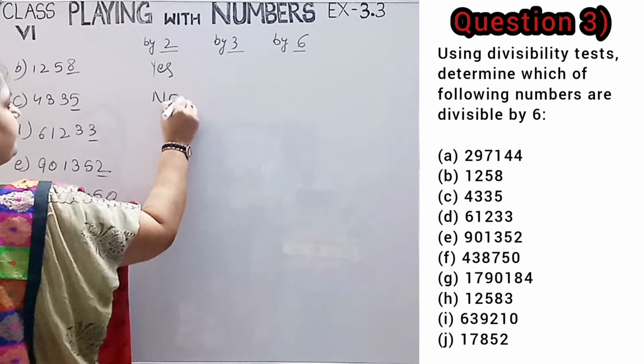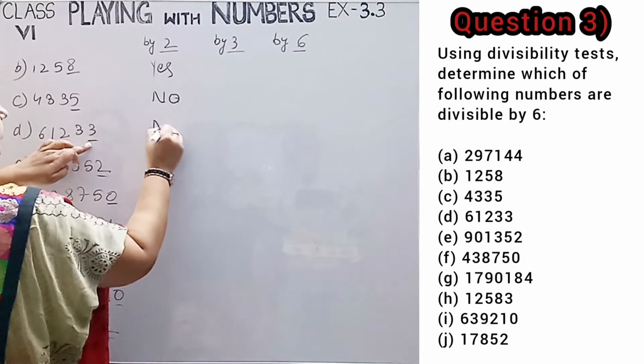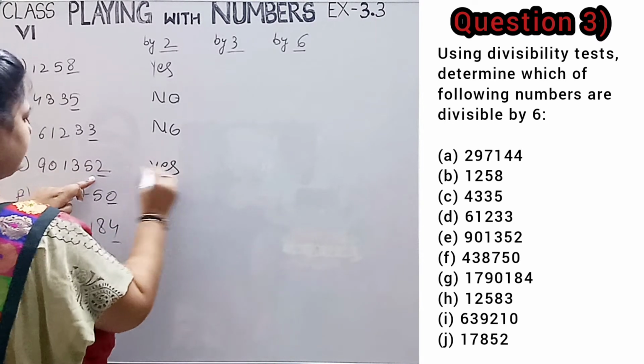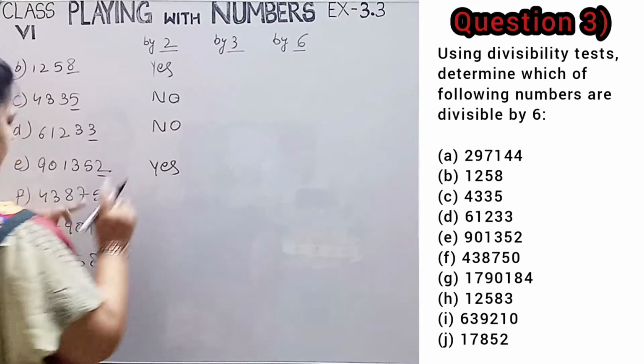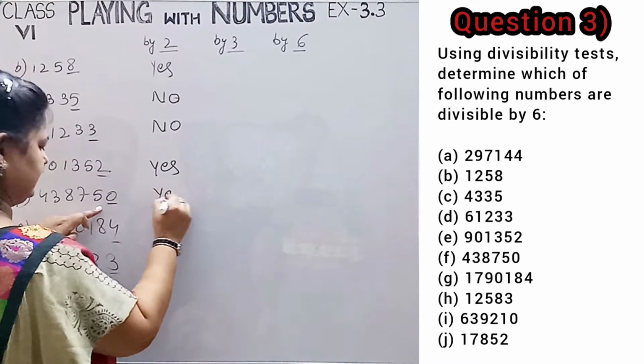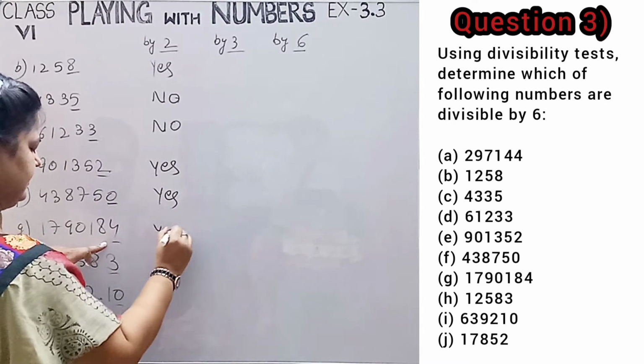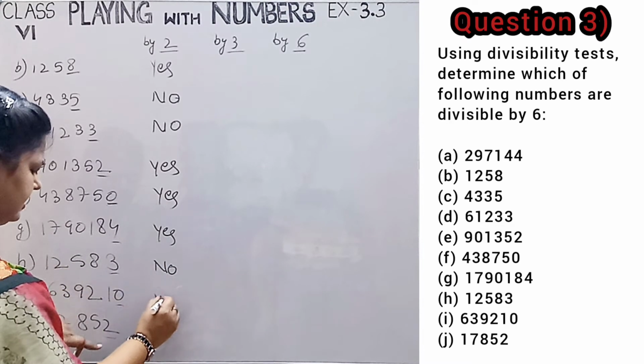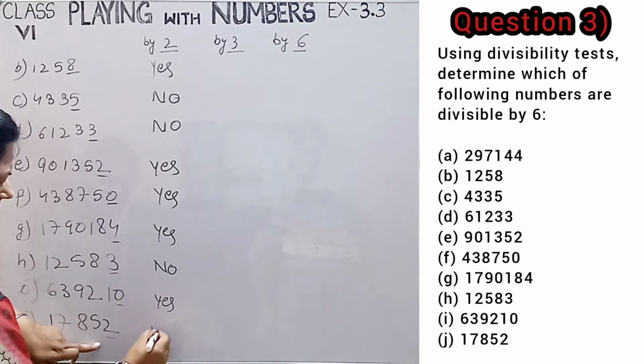So no. Again no. 2 is an even number. Yes, this number is divisible by 2. 0, yes. 4, yes. 3, no. 0, yes. The last one is again 2, then yes.